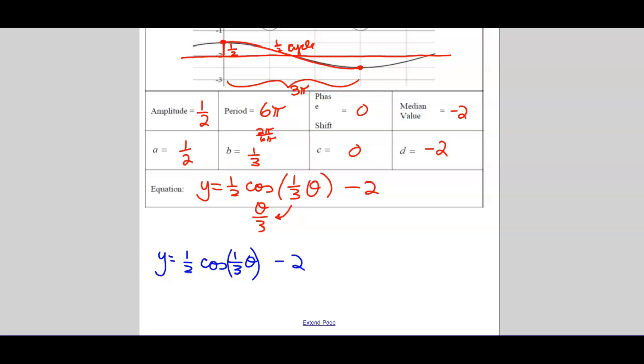So sometimes it's just the computer program. They would have to have brackets. So if it was like this, that for sure is not 1/3 theta minus 2 in brackets. If you're subtracting in there, you have to have brackets.